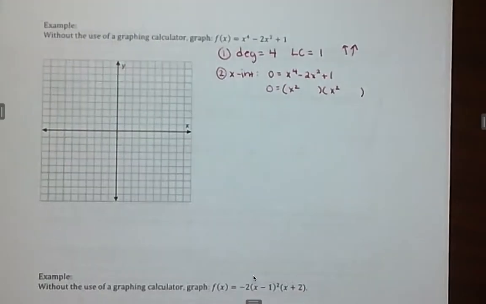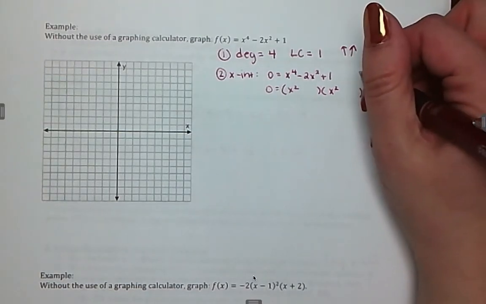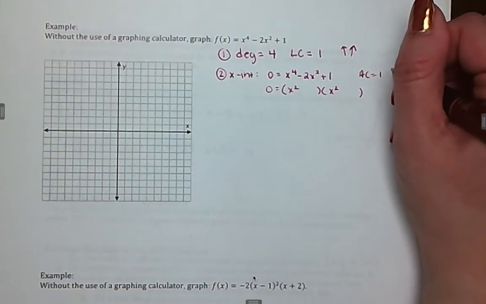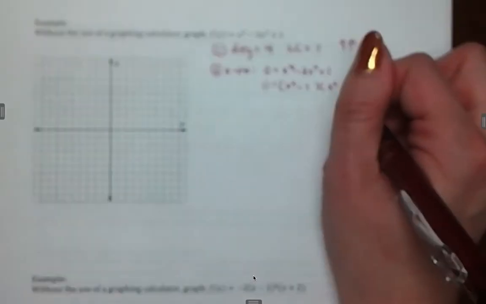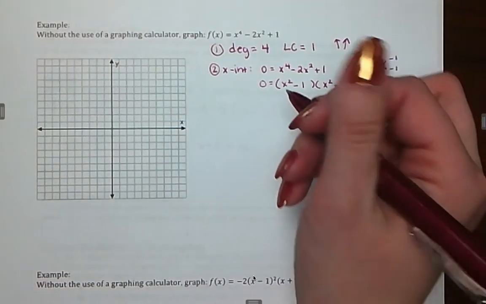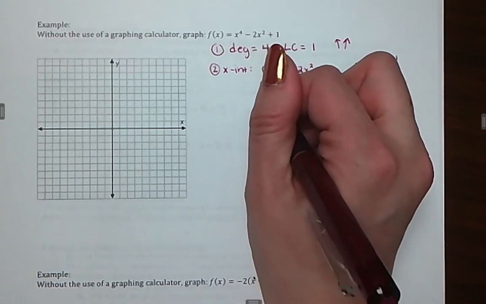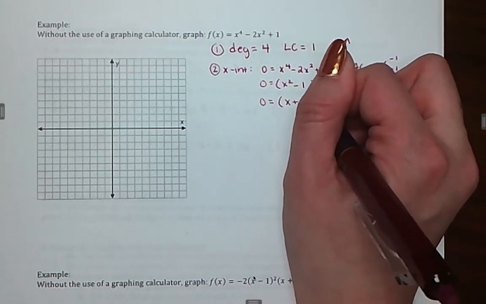So what are your factors of 1 that add to be negative 2? Negative 1 and negative 1. But x squared minus 1, how can that factor? x plus 1, x minus 1.